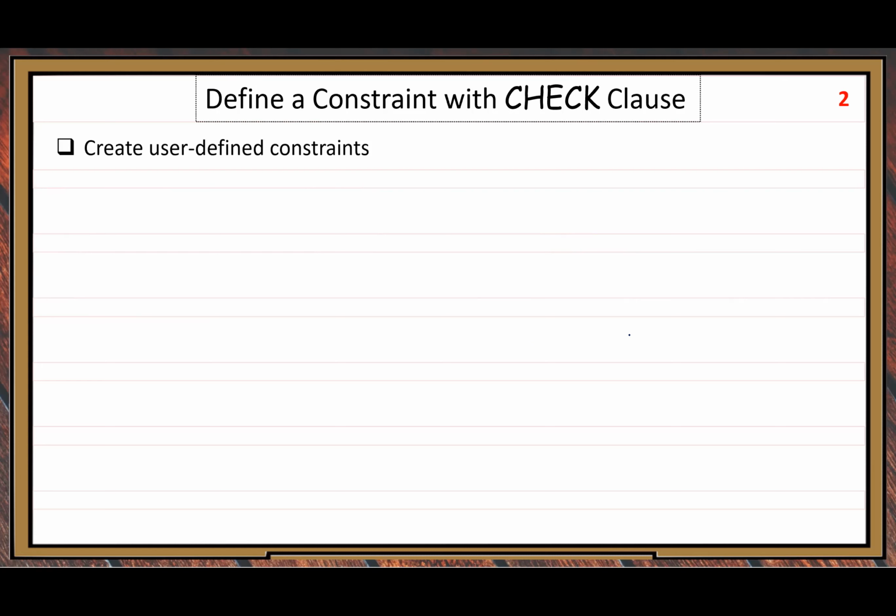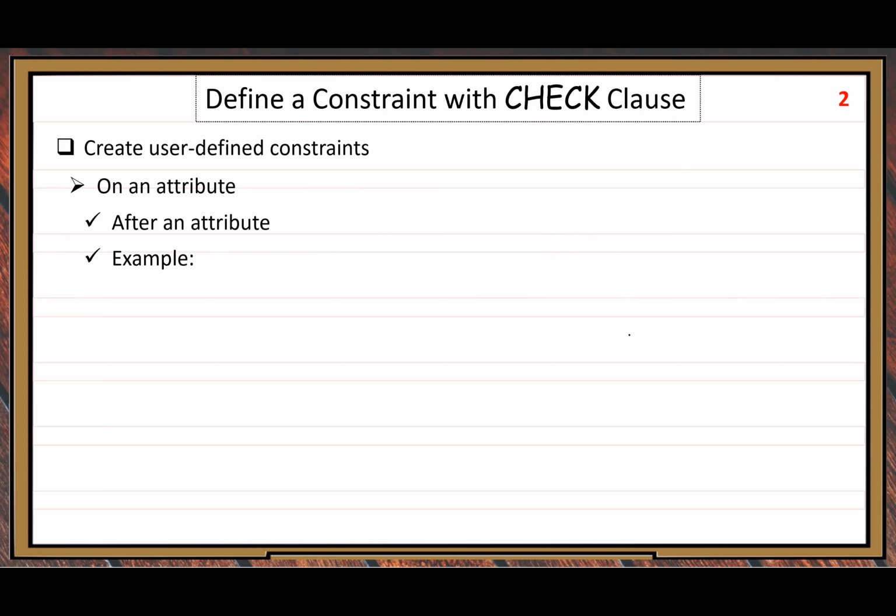There are three types of user-defined constraints we can define. First, on an attribute: we want to apply a certain condition on an attribute, a field, or a column. After the attribute, we put that check clause.